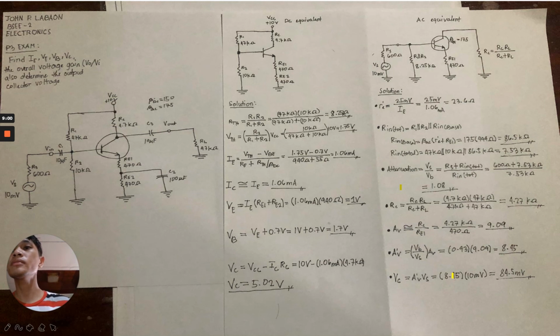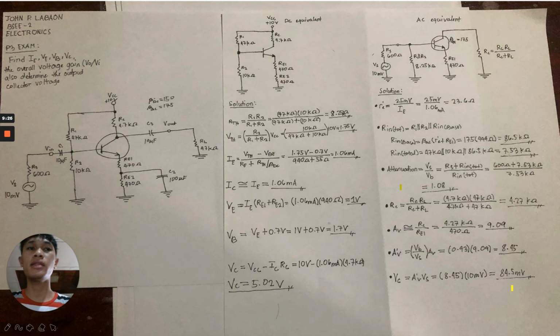Now, since the source produces 10 millivolts RMS, we get the collector voltage, which is equal to the total voltage gain multiplied by our source voltage, 8.45 times 10 millivolts.